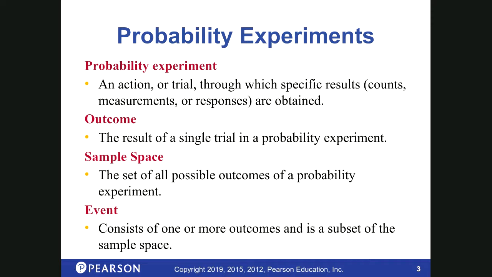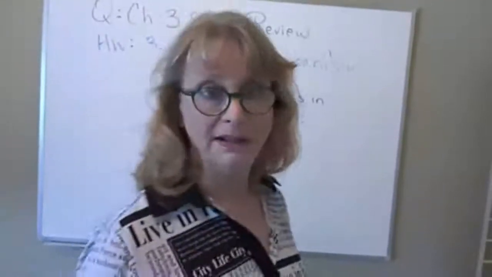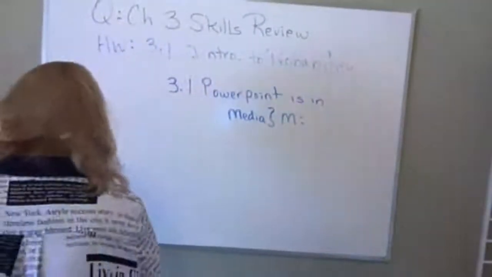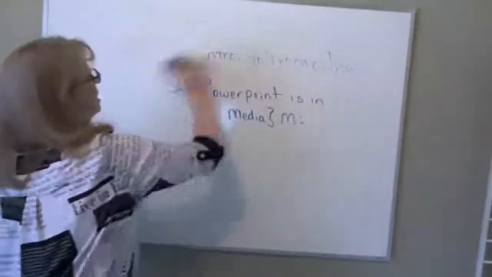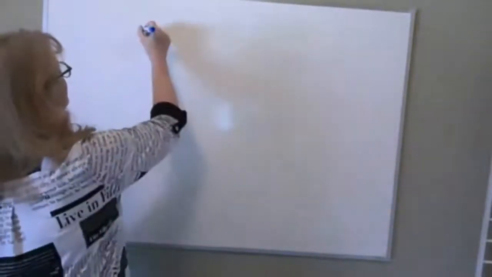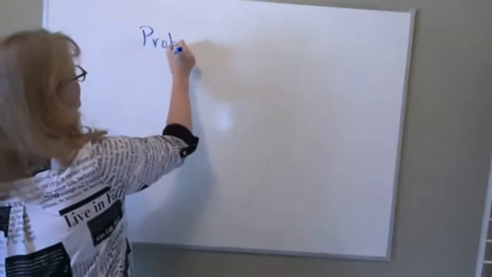Okay, now I'm going to switch back to camera so that we can talk about a probability experiment. So I'm going to erase this. Let's do a really easy one.